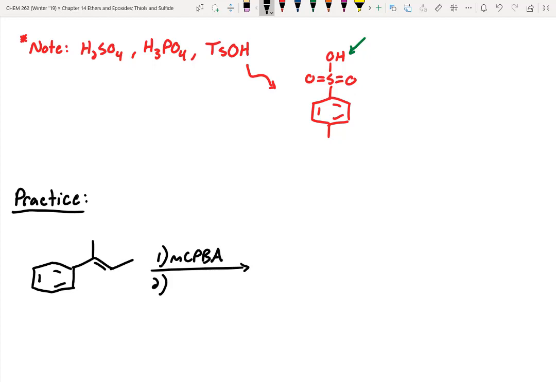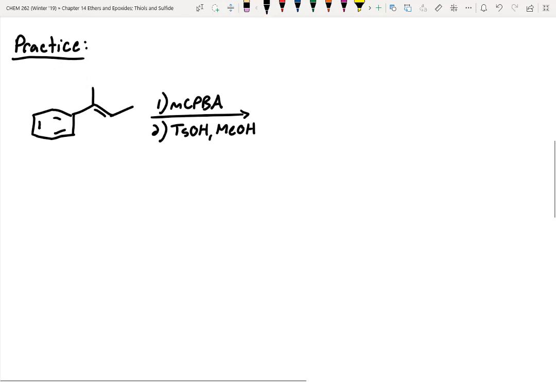Second step is going to be tosylic acid and methanol. I want us to determine what product or products we would get out from this reaction, and if it helps, try to draw all the intermediates as well. Now we'll give you a hint too. If you want to abbreviate things, what can we abbreviate that as? Ph.